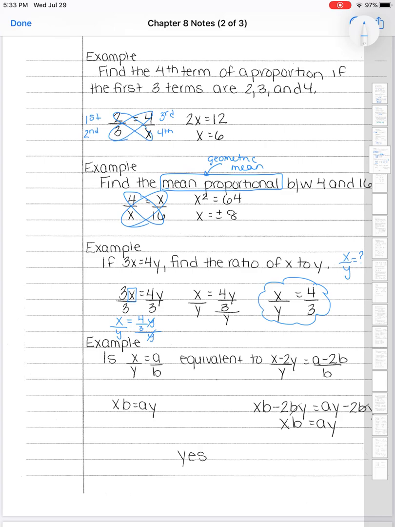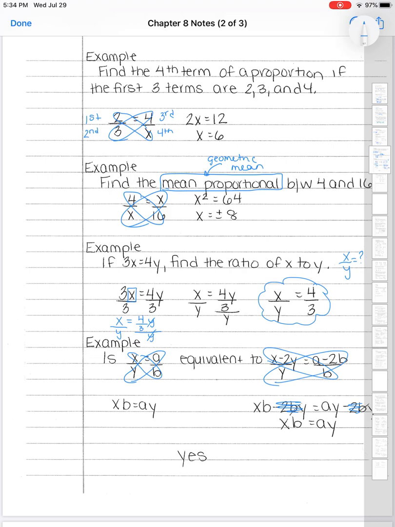So when I do that, if I write one more line here, I get x equals 4/3 y, or 4y over 3. So now my other issue is that y. I got to get that to the other side. So I'm going to divide by y, and I'm left with x over y equaling 4/3 for my final answer. Now, if the question asks for a ratio of y to x, then it would be 3/4. You have to make sure that you're writing it in the order that they are intending it on it being written in.